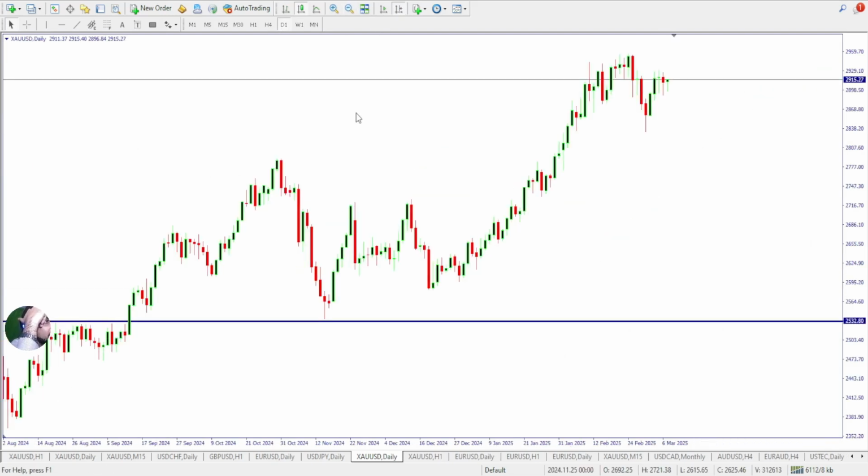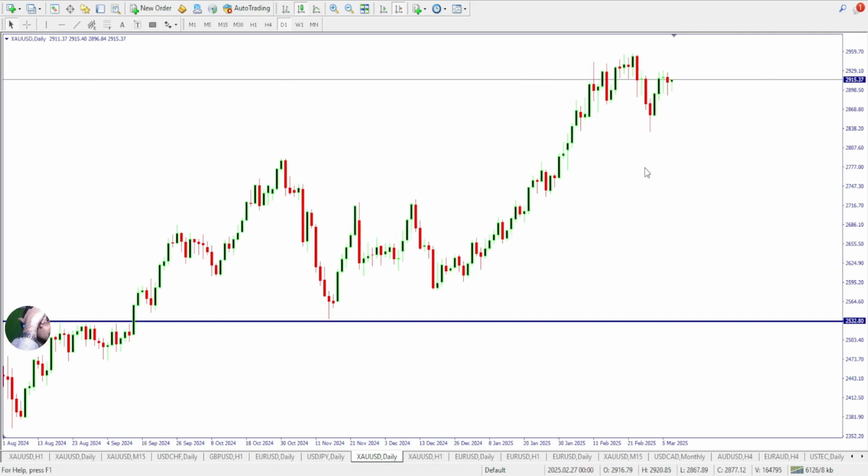Plus you will get a clear direction of the gold. Obviously, by the clear direction I mean the high probable direction, right? Nothing is guaranteed in forex, so all of you know this.